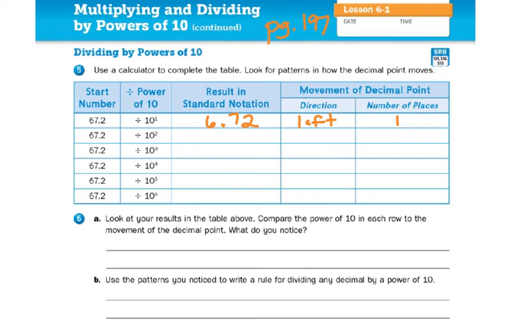I end up with 0.672. It moved to the left 2 places. So it was here, moved 1, 2. So let's do one more on the calculator, and then let's see if we can do the rest without a calculator.